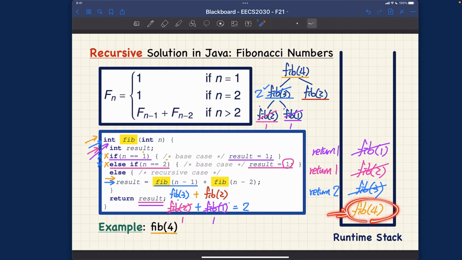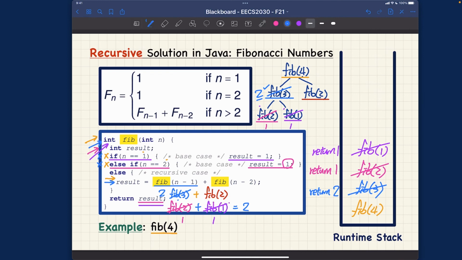It was suspended because we were waiting for the result for calculating Fibonacci of 3. But that one there already returned 2. Let's now replace the result. So this part we got 2, right? And then we will be able to continue with Fibonacci of 4 by going to the right operand for the addition. So now it should be Fibonacci of 2 that we should calculate, right?